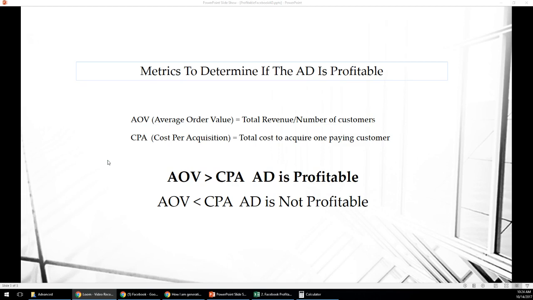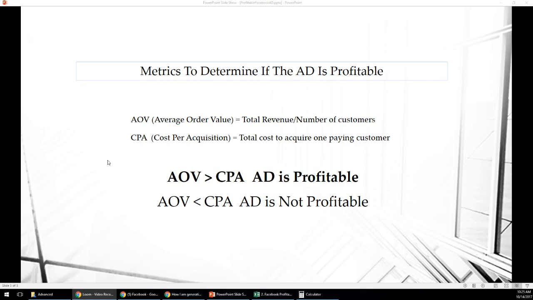If our average order value, meaning the total revenue divided by the number of customers, is higher than what we have invested in our ads, then our ad is profitable. On the flip side of that, if our average order value is less than what we have invested in our ad, which is cost per acquisition, then our ad is not profitable and we need to look into why.